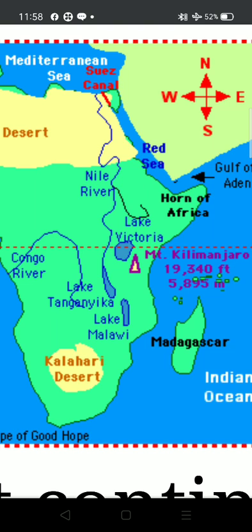Then the rainfall and climate, then the people of Africa, the social conditions, how they lived, the slave trade by the European colonies. Then the crops they grew, then the minerals present in Africa. These are some of the things which we are going to know.